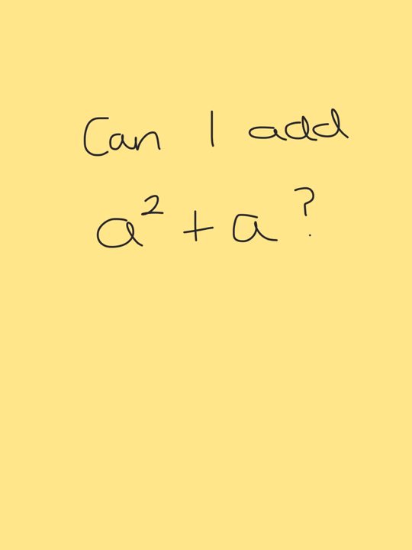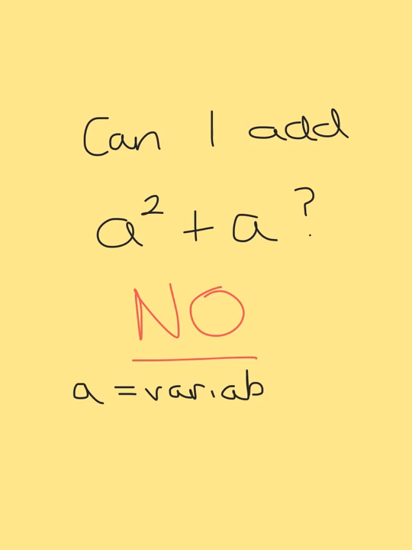So your next question might be, can I add a squared plus a? The answer is no. Why? Because these are not like terms. A and a squared are very, very different. Remember we said that a is a variable, and that a variable represents something that can change in terms of numbers.